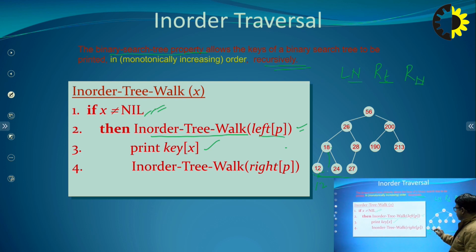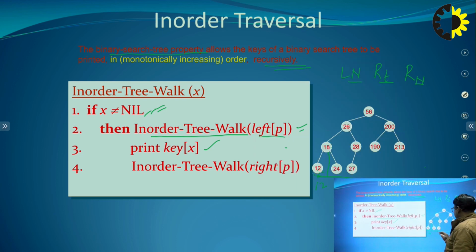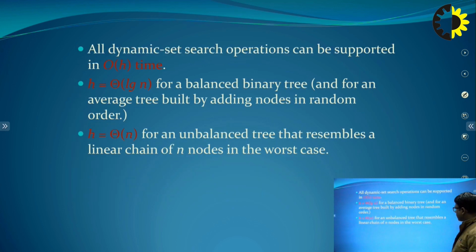That means the root node gets printed here, and the right node is printed as per the calling of the in-order tree walk on the right. Similarly, for all the subtrees, left, root and right get printed. This is how we complete the in-order walk.